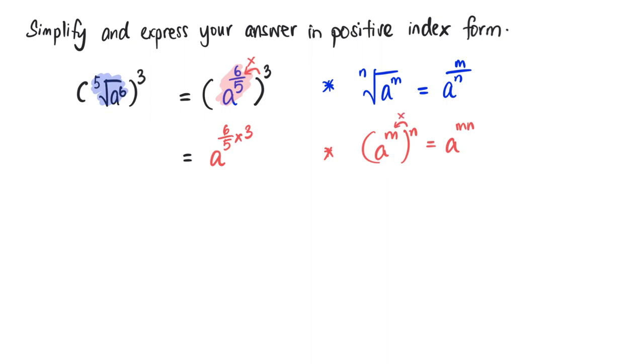We multiply the power. And finally, this will be the final answer, a to the power of 18 over 5. We do leave our index in improper fraction. So that will be the answer for this problem.